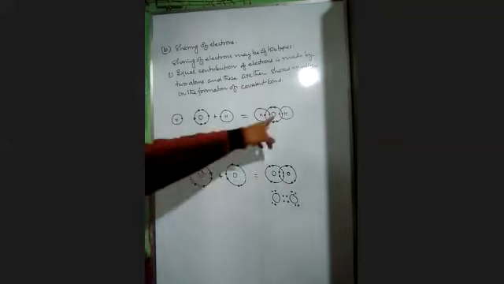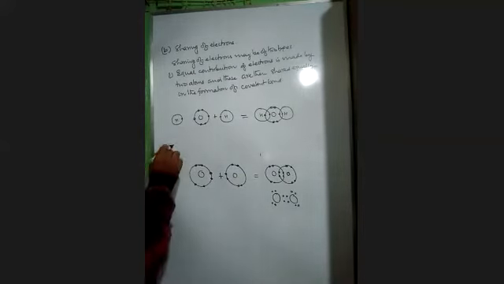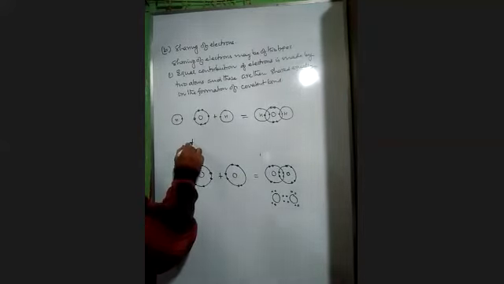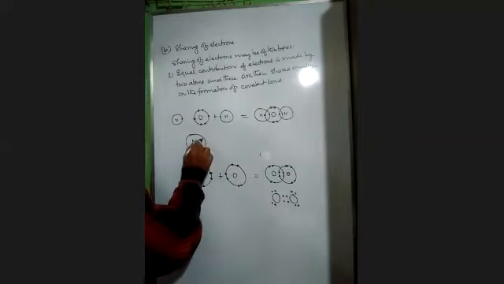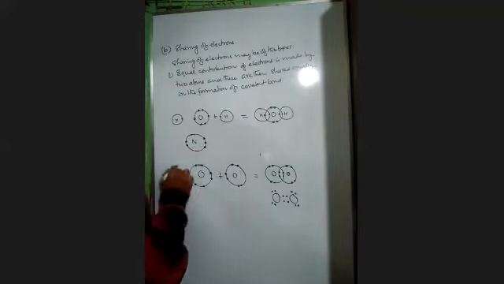So you are having single bonds, and here you are getting a double bond. Okay. Now, nitrogen. Nitrogen has 5 electrons in the valence shell.